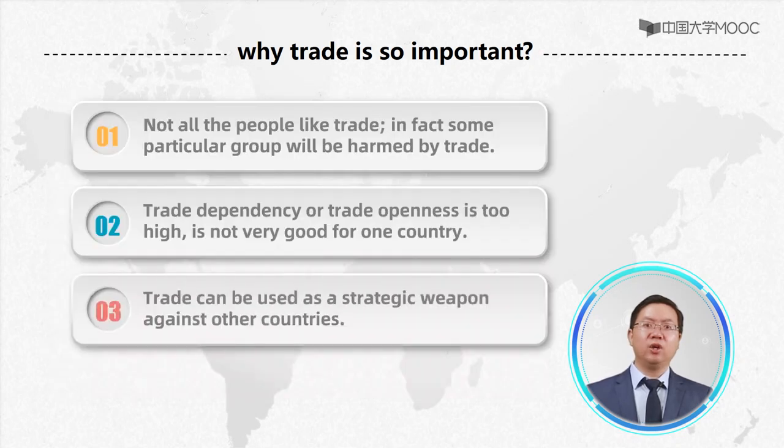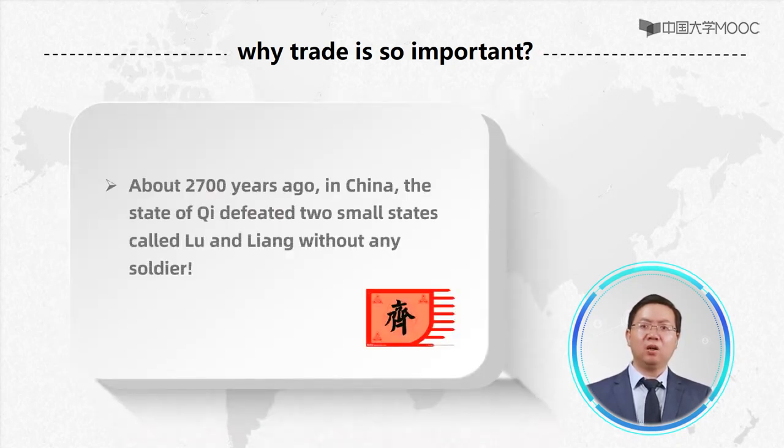Third, trade can be used as a strategic weapon against other countries. For example, about 2,700 years ago, in China, the state of Qi defeated two small states called Lu and Liang without any soldiers. Why? Because at that time, the two small states produced and exported silk.